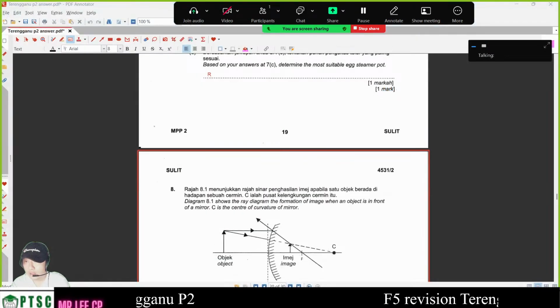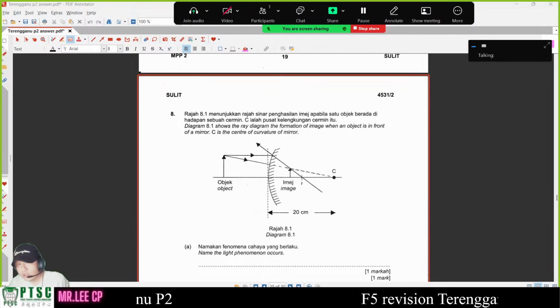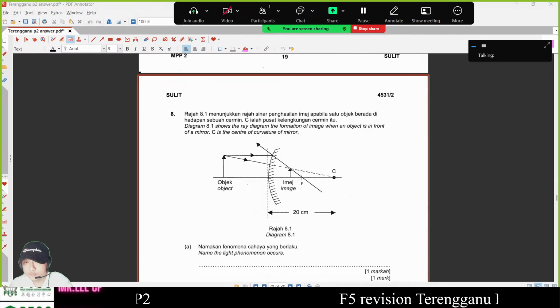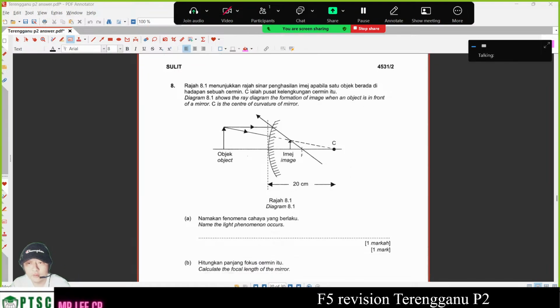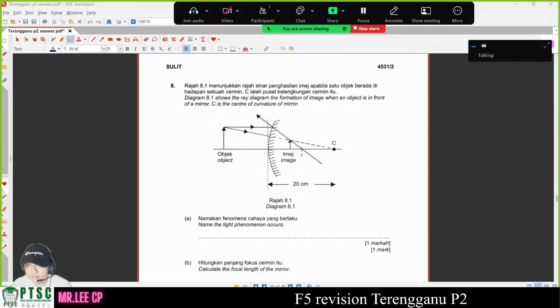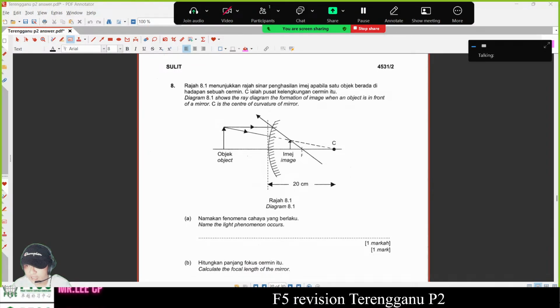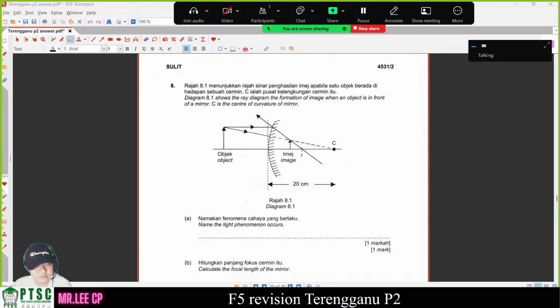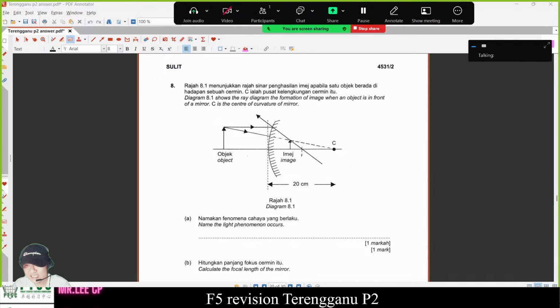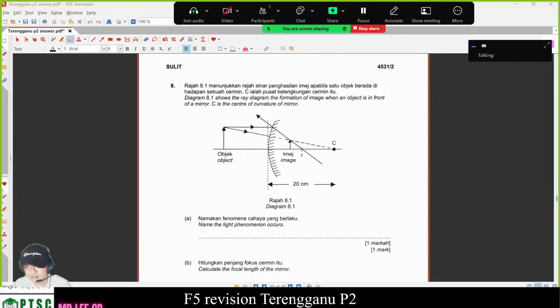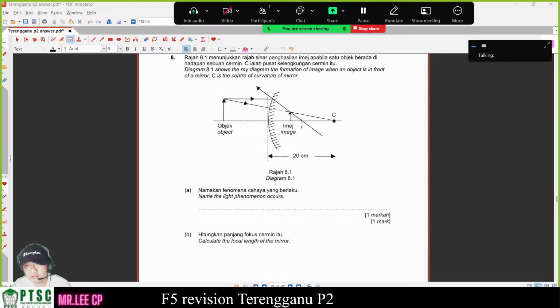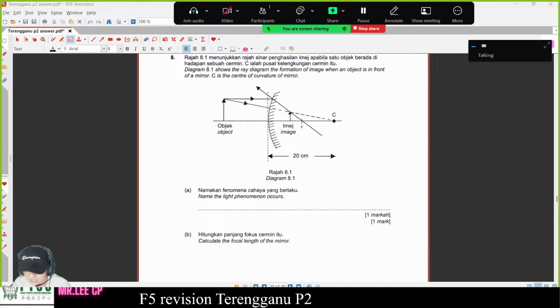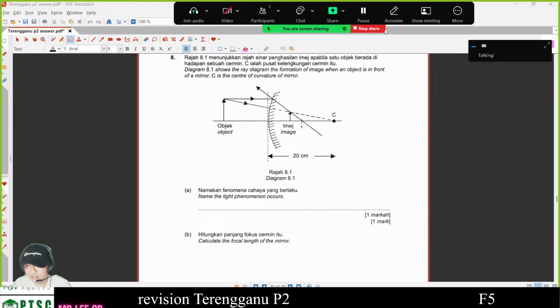All right, leave it here. So we go back to question number 8. Diagram 8.1 shows a ray diagram of the formation of an image when the object is in front of the mirror. C is the center of curvature of the mirror. This is C, this is F. Name the light phenomenon that occurs.